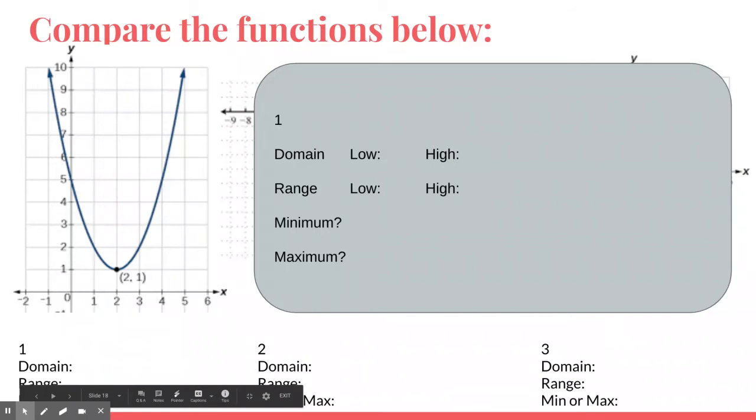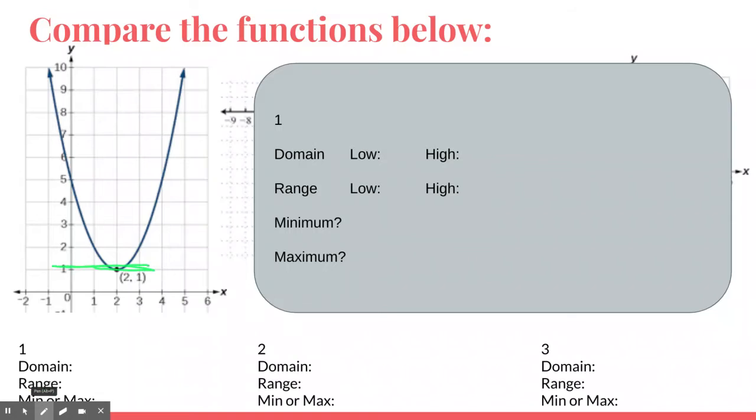all right, so now we're looking at domain and range. So looking at this graph number 1, we have to look at the lowest value of x and then the highest value of x. For my domain of my x values, that is when I have to look at my x-axis.